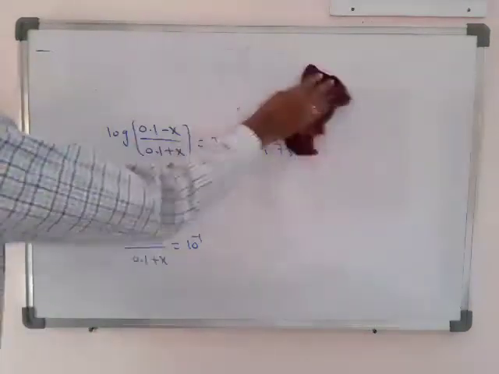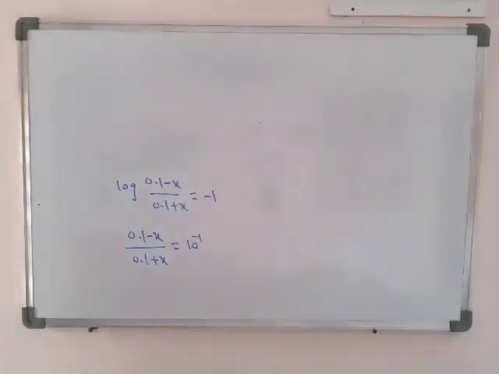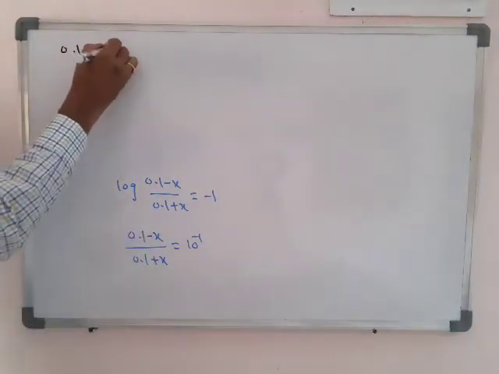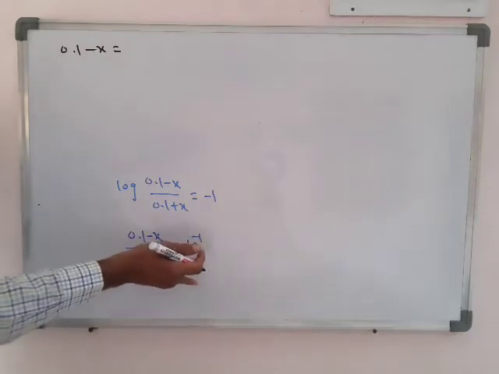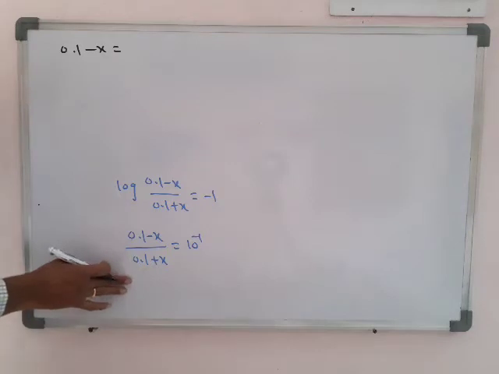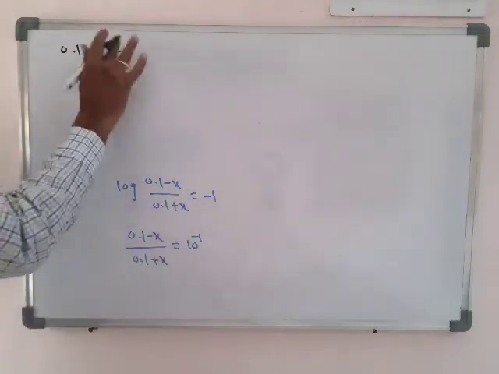So again, on simplification, 0.1 minus x equals, to take it as a 0.1, we are getting again, so make it 1 by 10. I think this will be better one.